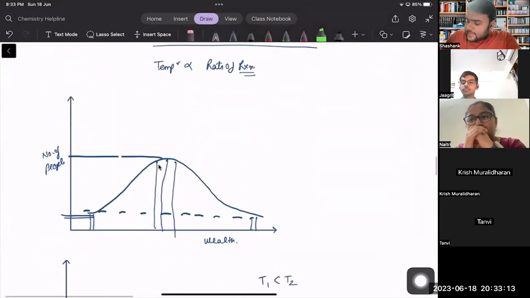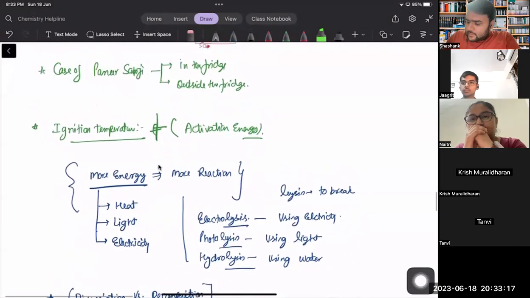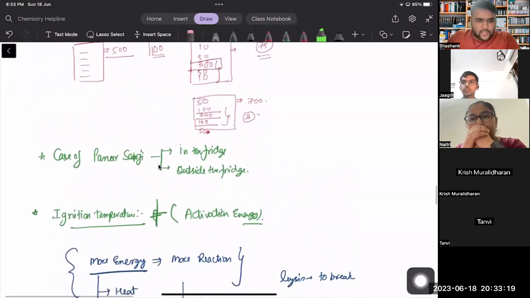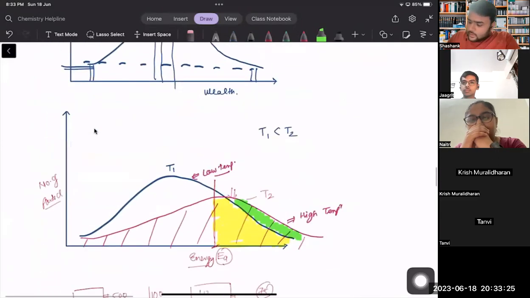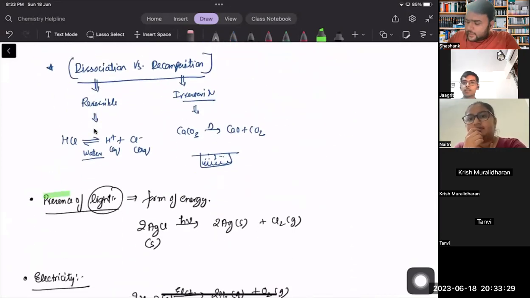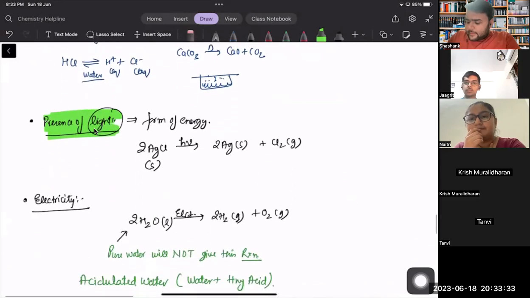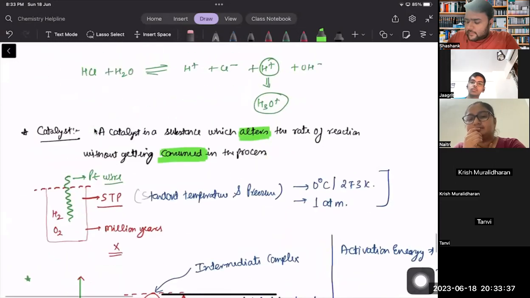Then we saw another form of energy, that is presence of light. This was the second factor which affects the rate of reaction. Then we saw electricity which affects the rate of reaction. Then we saw catalyst which affects the rate of reaction.